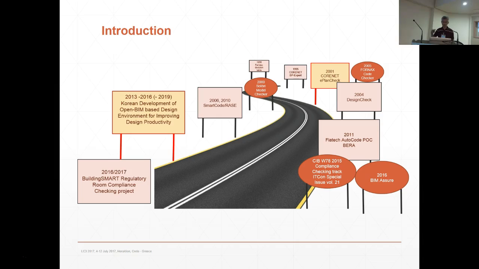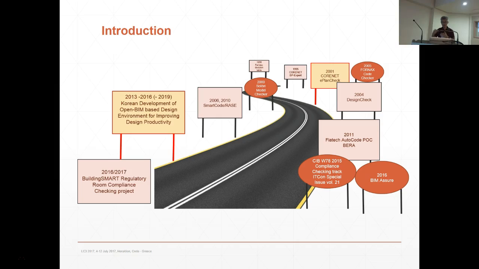So in 1995, the Singapore government sponsored pretty big projects trying to do that with a BP expert, largely based on 2D. Didn't really work well. It was reset in 2001 or late 2000 with the CORENET e-PlanCheck systems. This is a multi-million project, so I highlighted it with a different color.